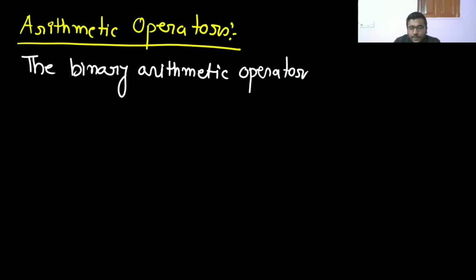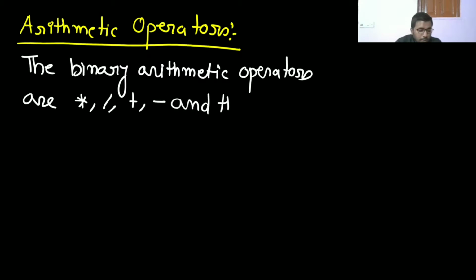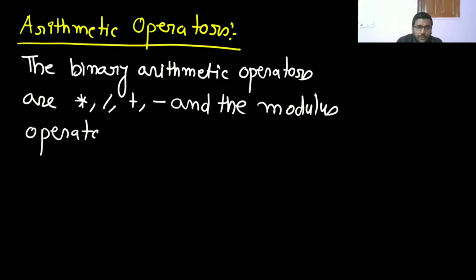The binary arithmetic operators are multiplication, divide, plus, minus, and the modulus operator. Okay, you are having a modulus operator. So that is represented by this. You know that.